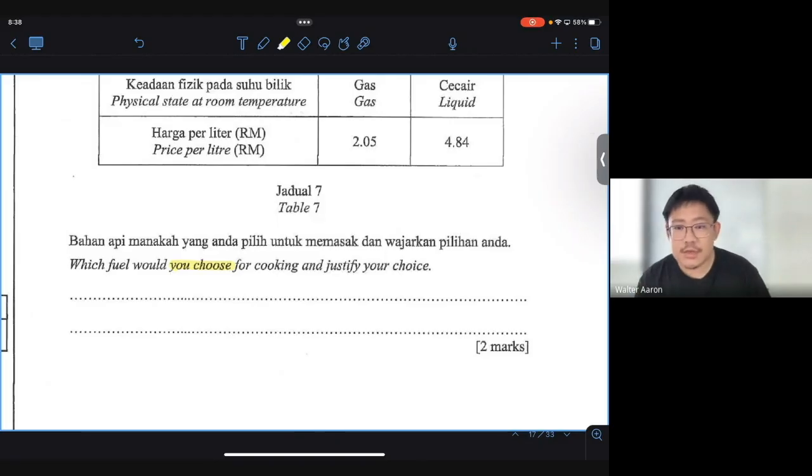So it's very subjective. You cannot say I'm wrong, it's my choice. It's like I ask you to choose between apples and oranges. Some of you might like oranges, some of you might like apples. So there's a choice there. You can choose it for yourself. The problem now is that you have to justify your choice. But justification here is based on your knowledge in chemistry, not simply based on general knowledge.